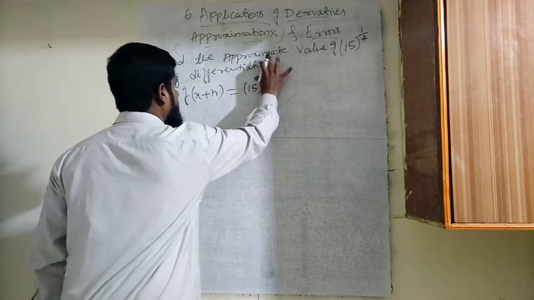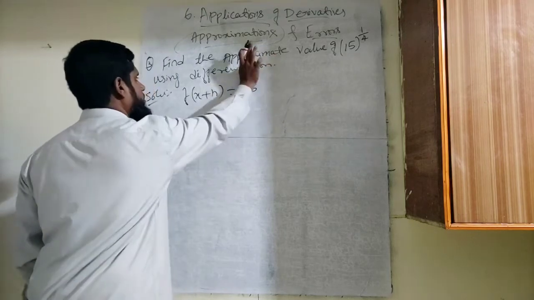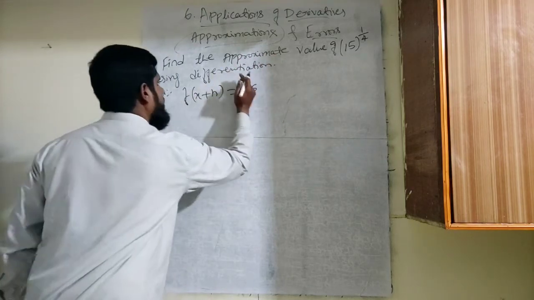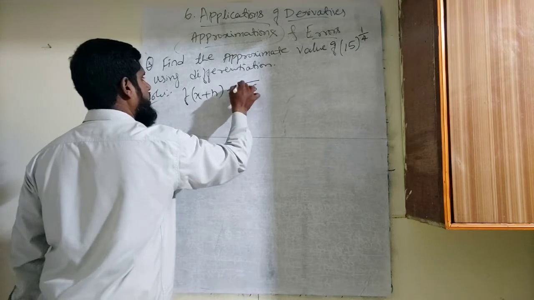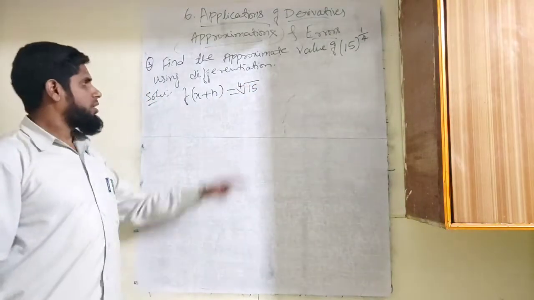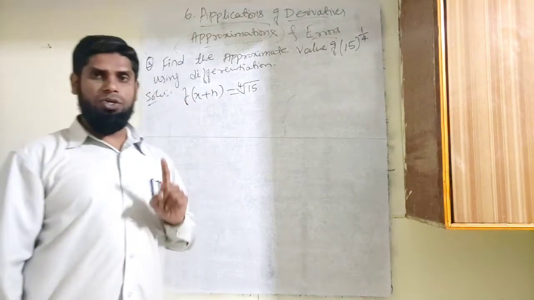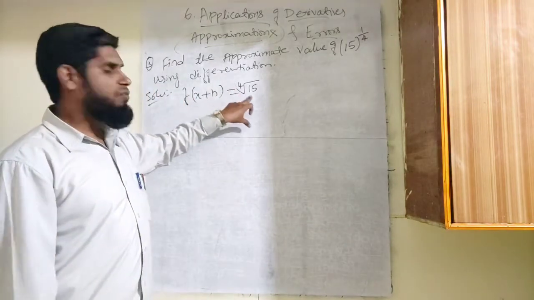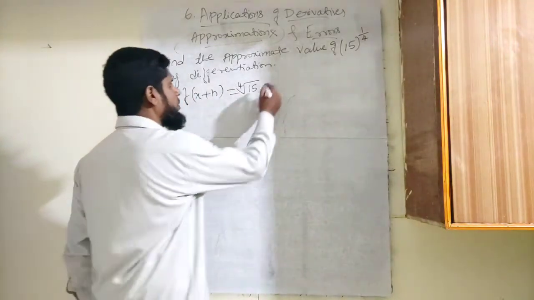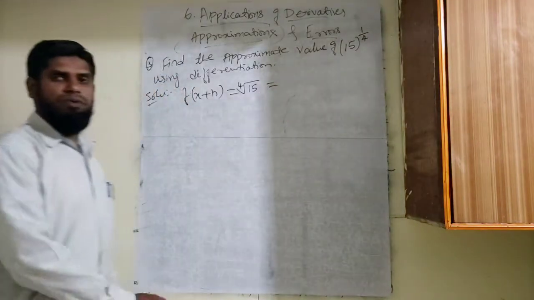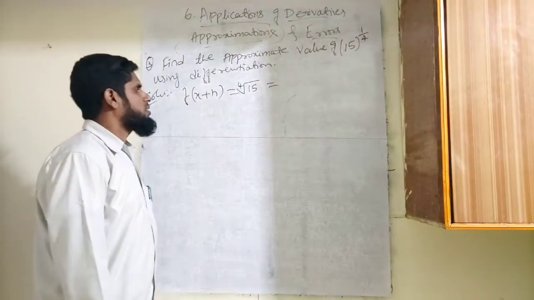Okay, this can also be written like this, because in your examination sometimes if you get like this, you should not get confused. This is the fourth root. 1 by 2 means square root, 1 by 3 means cube root, 1 by 4 means fourth root. So what is the nearer fourth root of this?